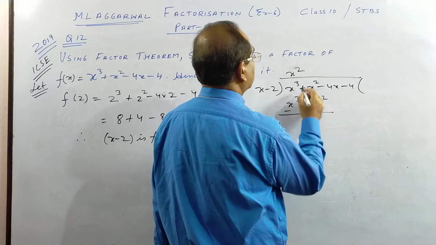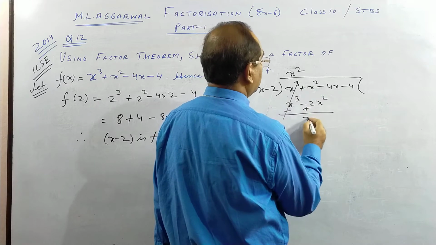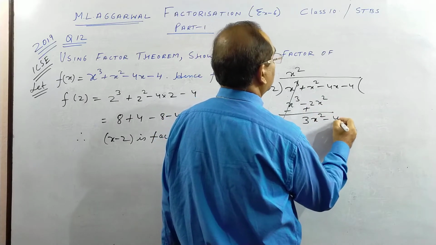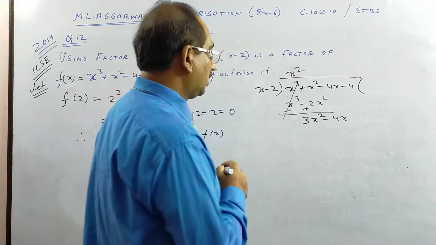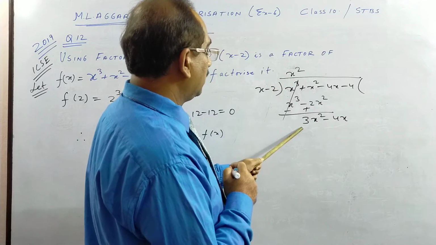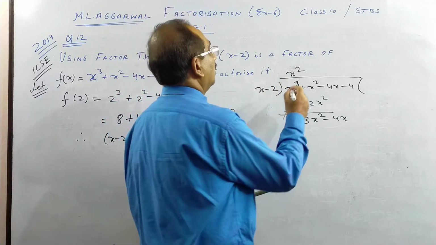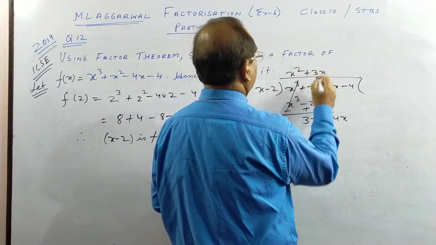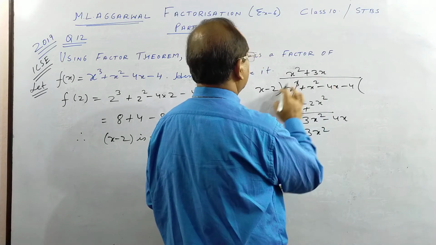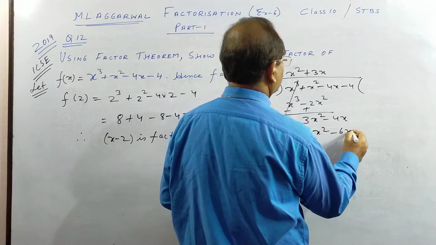Now we subtract, children, and we get 3x square minus 4x. To get 3x square from x, we multiply by 3x. So 3x into x is 3x square, and 3x times minus 2 is minus 6x.